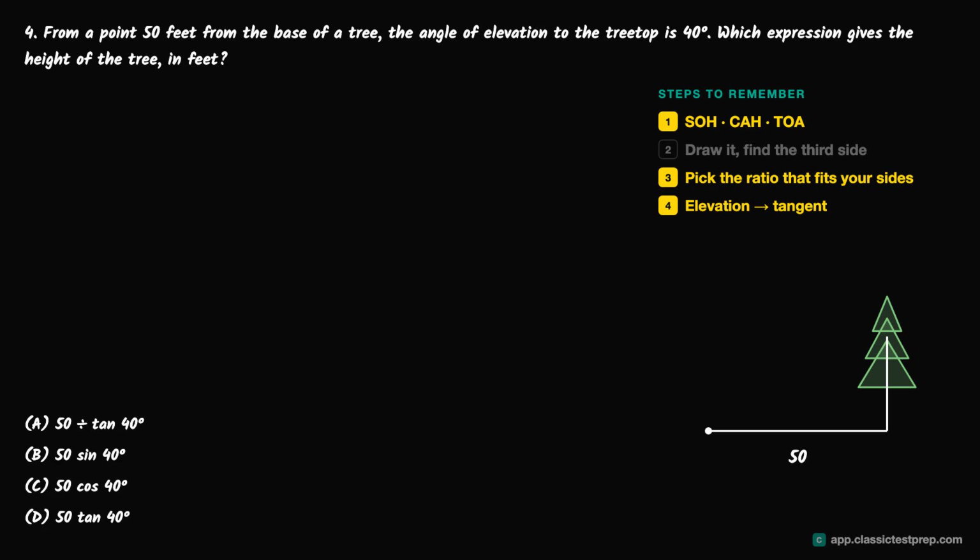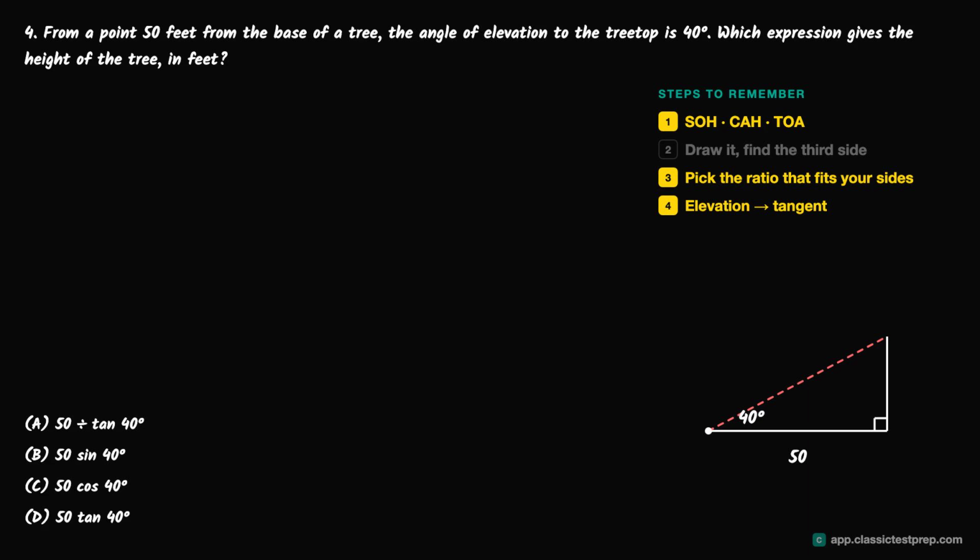If you just draw the tree and you draw out the distance from the base of the tree to the point of observation, and then you look up to the top of the tree, you have a hypotenuse, right? So this is still a triangle problem. This is a trigonometric problem, even though it's not obviously presented to you as dealing with triangles.